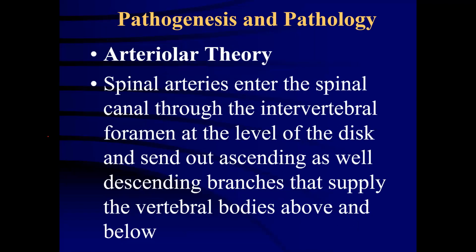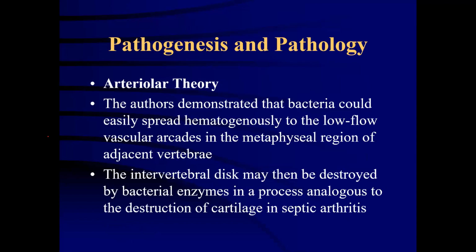The spinal arteries enter the spinal canal through the intervertebral foramen at the level of the disc and send out ascending as well as descending branches that supply the vertebral bodies above and below.